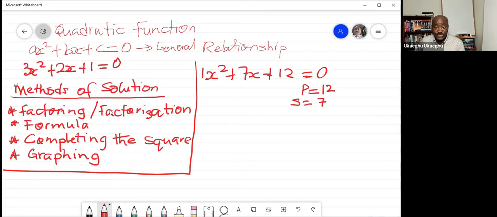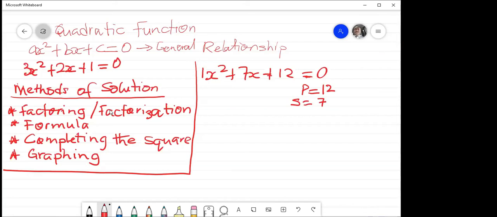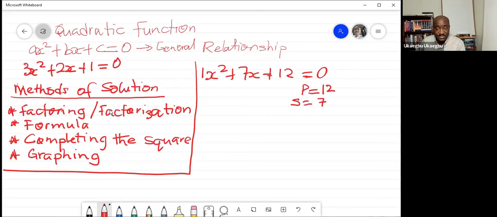So now we are looking for two numbers that if we multiply those two numbers, it gives us 12, and if we add those two numbers, it gives us 7. So what are those two numbers? 3 and 4. See, this one is pretty straightforward. So you can just write 3 multiplied by 4 is 12, and 3 plus 4 is 7.